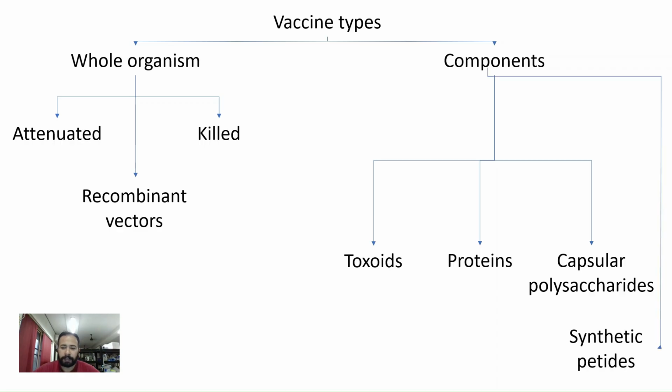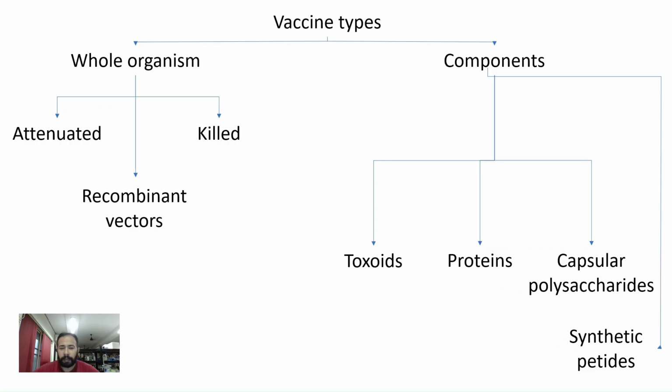Then we have synthetic peptides. These type of vaccines are mainly used against cancer cells. You can consider them as a kind of personalized therapy where we can look into novel peptides which are present in individual cancer types for different persons and use them as vaccines.